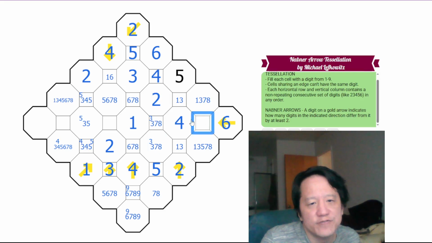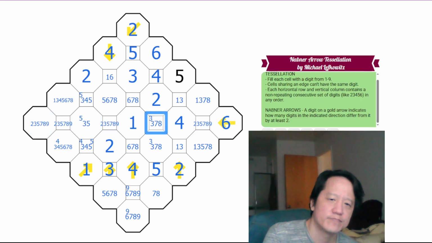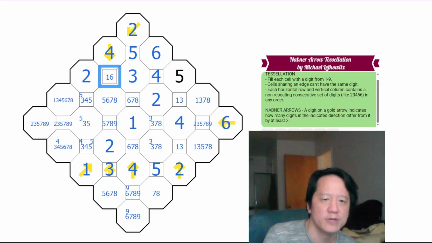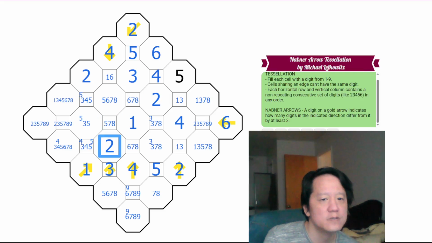Remaining digits in row 5. Let's do that. We have 2, 3, 5, 7, 8, 9. Okay. 2 can't be here. No 3 because, and this can't be 9 because of the way that the Renban works. 2 could be here.